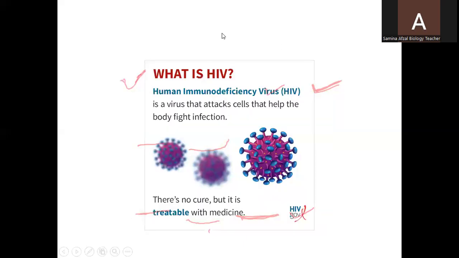The next disease is AIDS, which is caused by HIV, human immunodeficiency virus.